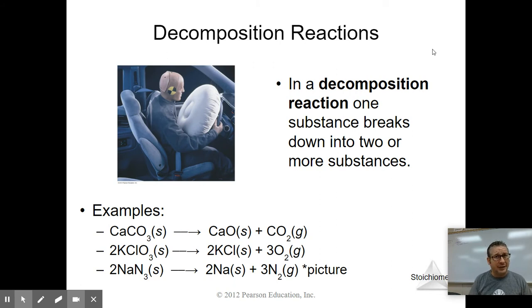In fact, some people didn't quite make it, not because of the reaction, but because of their exposure. So I think they've kind of gone away from it. But for a long time, that's how airbags work, chemical reactions.